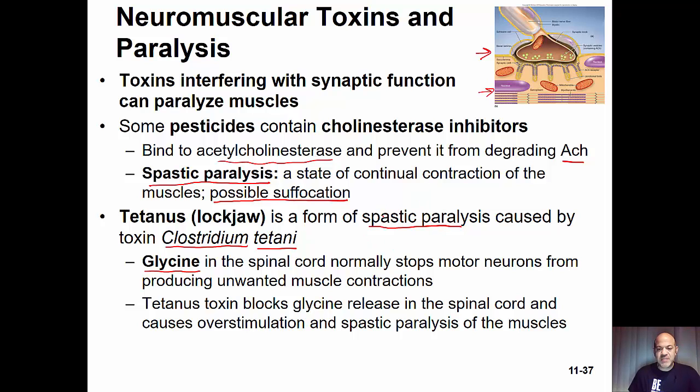This glycine helps keep the motor neurons from sending unwanted signals to the muscles to contract. So what tetanus toxin does is it blocks the glycine release in the spinal cord, and this causes overstimulation and spastic paralysis of the muscles. Basically the motor neuron keeps sending messages to the muscle cell to continue to contract.